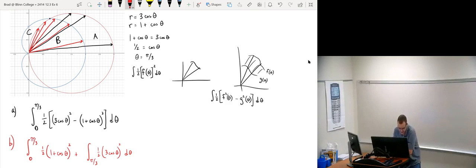That would correspond to when the circle gets back to the origin. So we're swinging around. Hopefully you can see my cursor, and then we hit the origin. I think that's at pi over 2. So if I plug in pi over 2 to cosine theta, I get 0. So 0 radius, that makes sense.